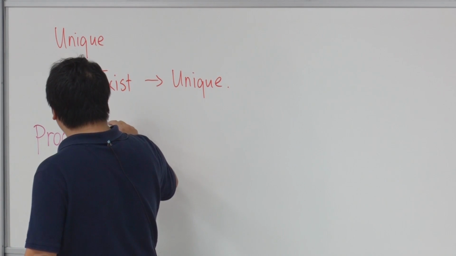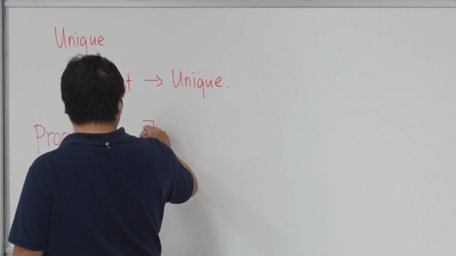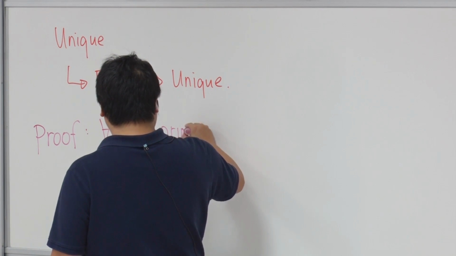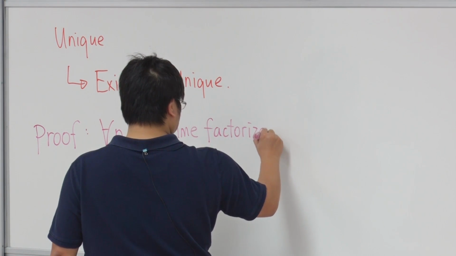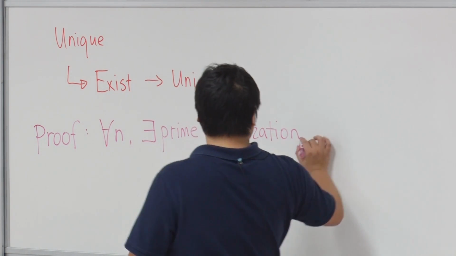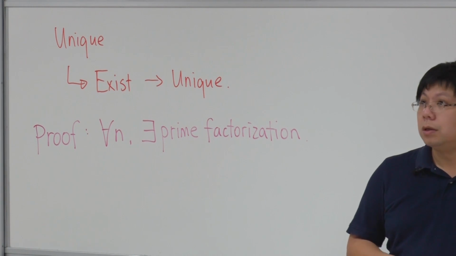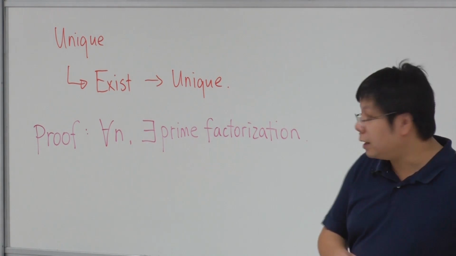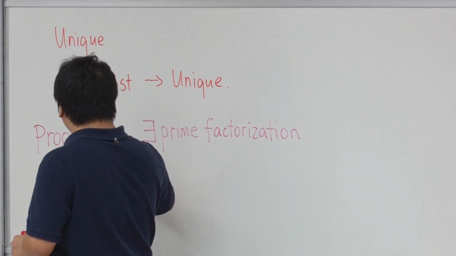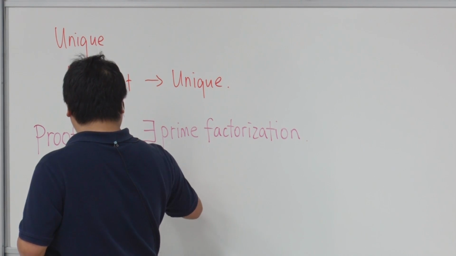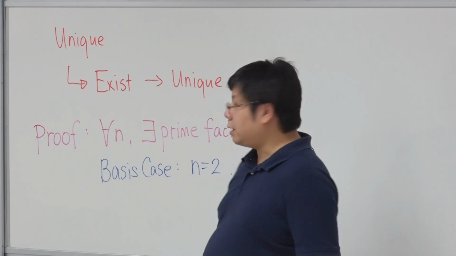So we want to show that for every n there exists a prime factorization. That's easy. We prove it by induction. So we have the basis case: n is equal to 2, and n is equal to 2, done.